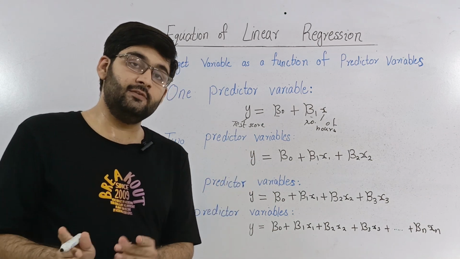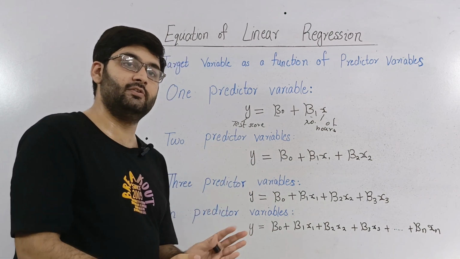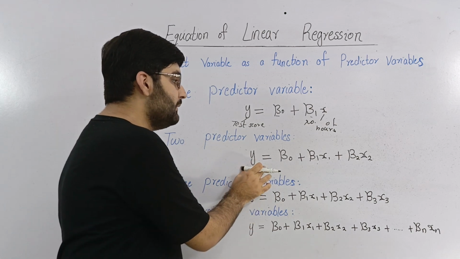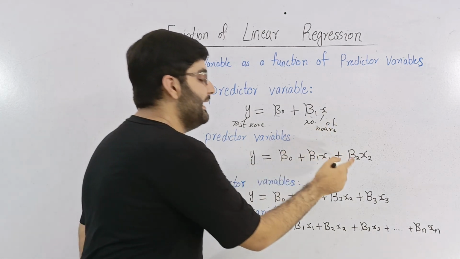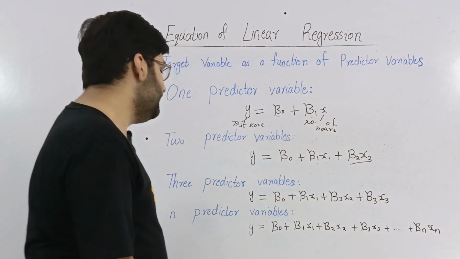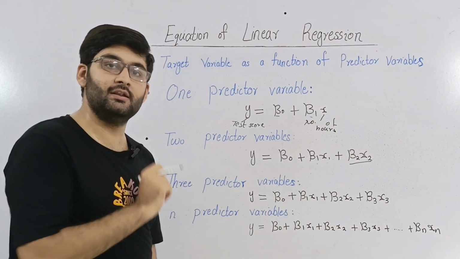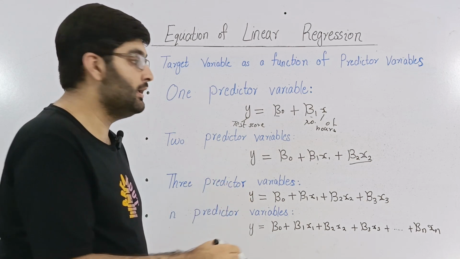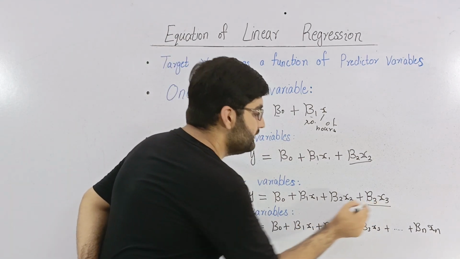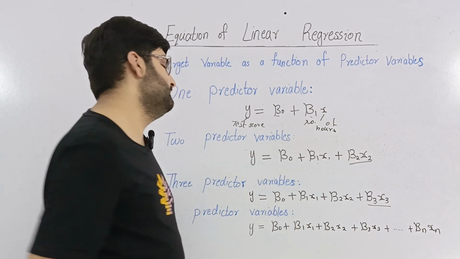Now, in case there are two predictor variables, then the function can be obtained by extending the previous function by adding this term. And in case there are three predictor variables, then the function can be obtained by adding this term to this function.